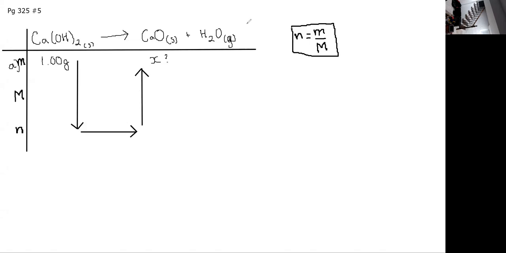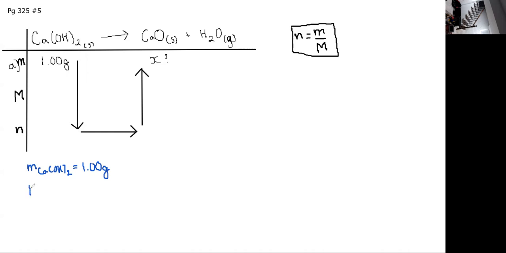I'm going to use a different color. So your goal right now, step 1, is to calculate the number of moles of calcium hydroxide. This equation is going to come in handy. Here we go. The mass of Ca(OH)2 is going to be 1.00 grams.